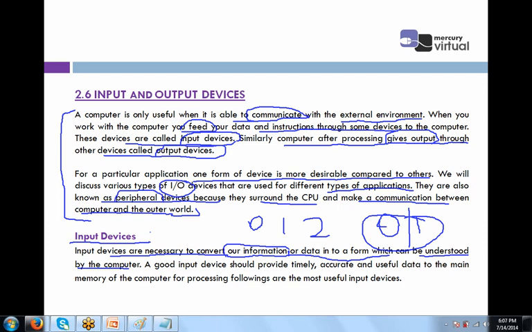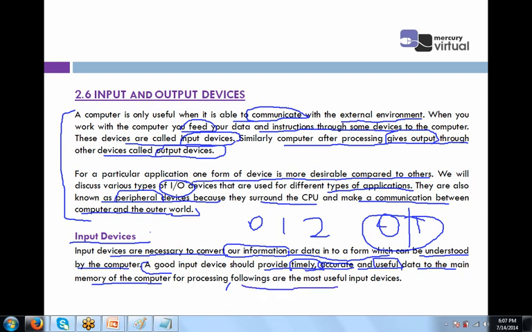A good input device should provide timely, accurate and useful data to the main memory of the computer for processing. Following are the most basic useful input devices. This line said a good input device should provide timely, means on a timely basis, accurate, means without any errors, useful means effective data to the main memory of the computer for processing purpose, that is done by the CPU.